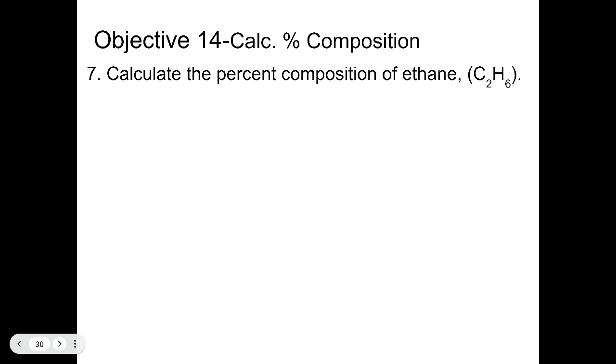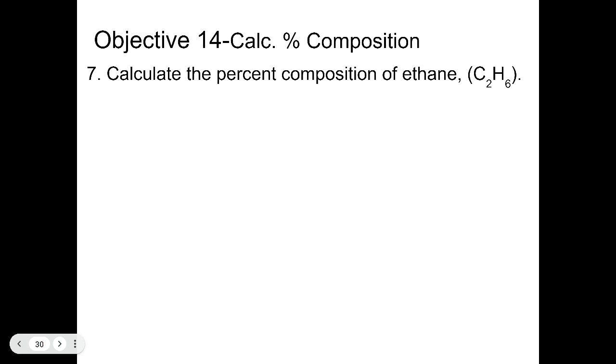There are 2 carbons, though, while there are 6 hydrogens. So we end up getting 24.0 grams per mole and 6.0 grams per mole for a total of 30 grams per mole.